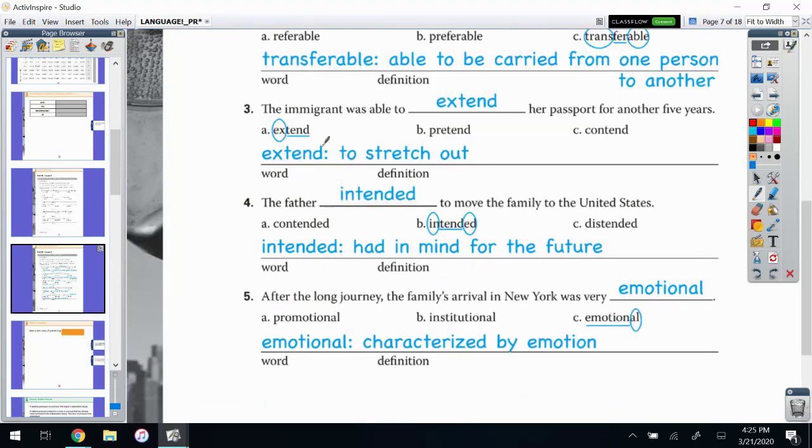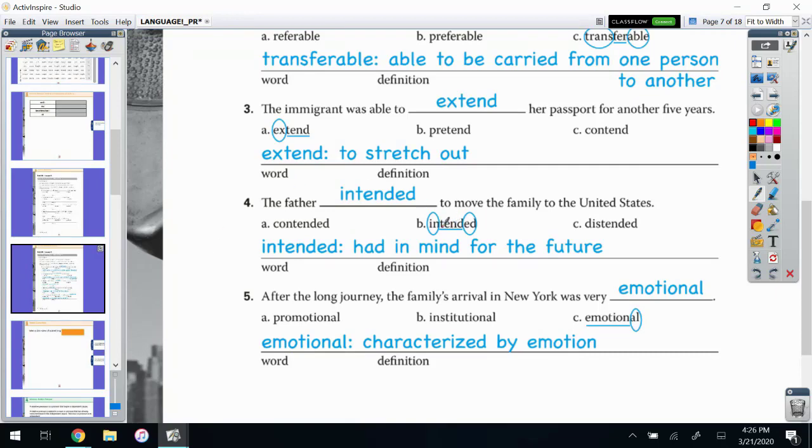Number 3. The immigrant was able to extend her passport for another 5 years. Extend, letter A. The prefix in extend is ex, and the root is tend. Extend means to stretch out. Number 4. The father intended to move to the United States. Intended.